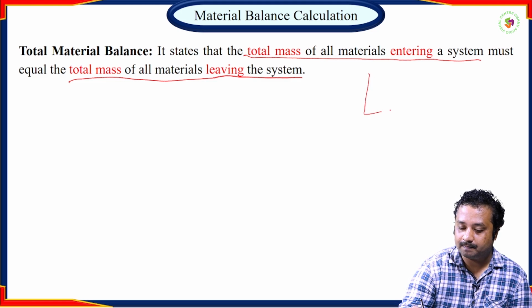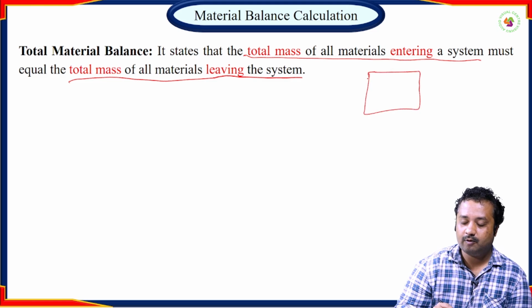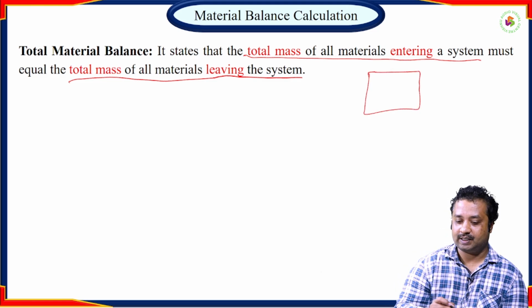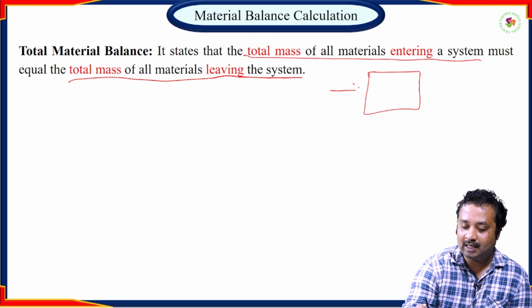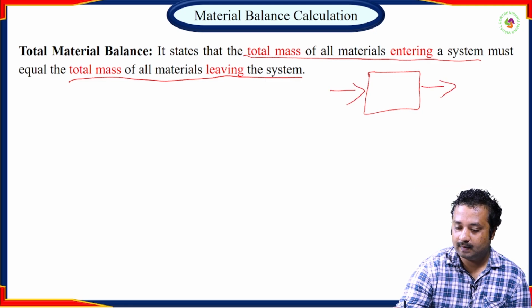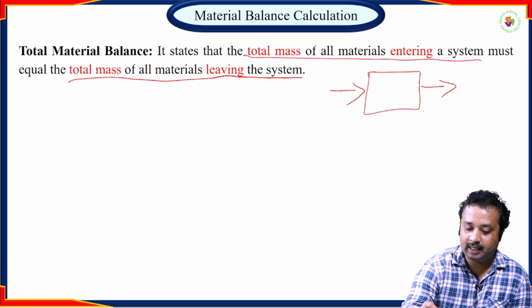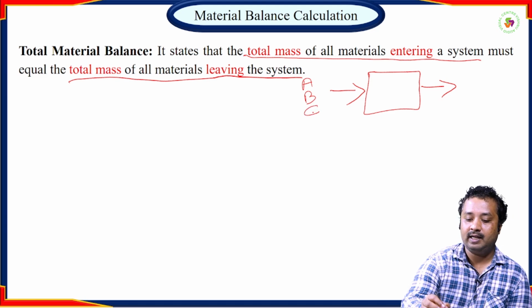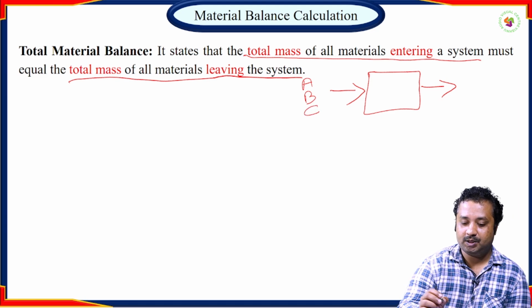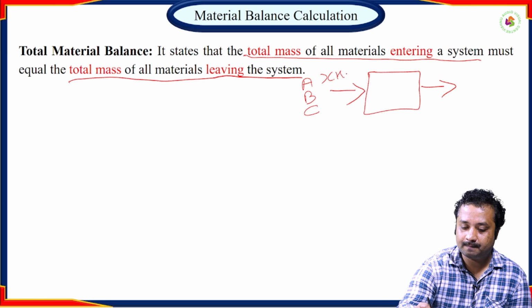Suppose we have a system, whether it is a unit operation or a unit process. So what is the total mass? Suppose this is the system, and here I am giving 3 inputs: input A, input B and input C. Three materials I am entering. Suppose A is X kg, B is Y kg and C is Z kg.